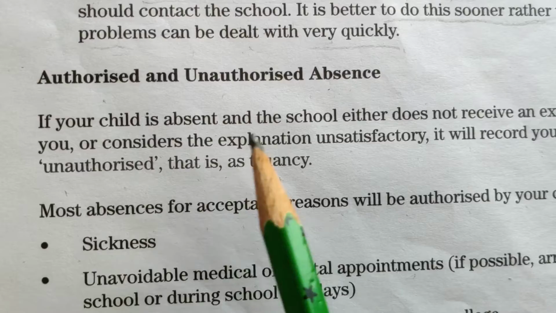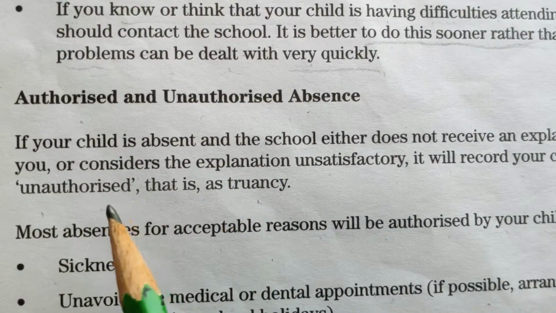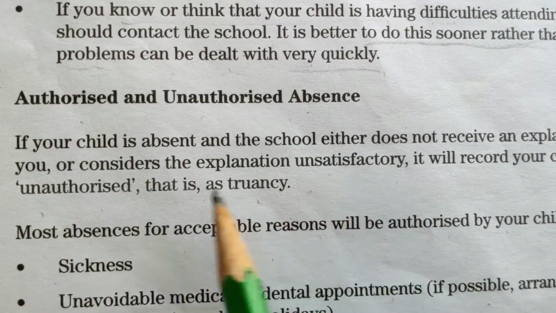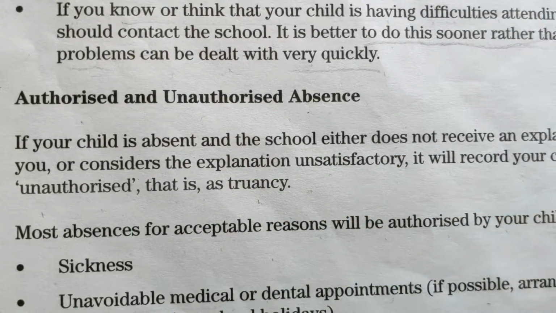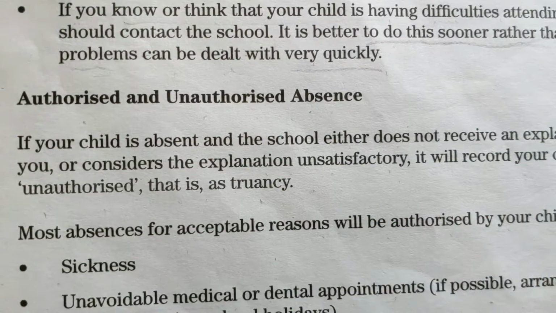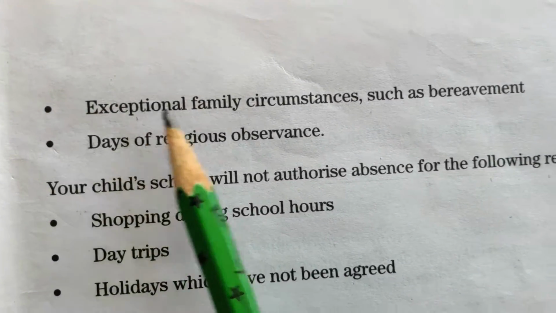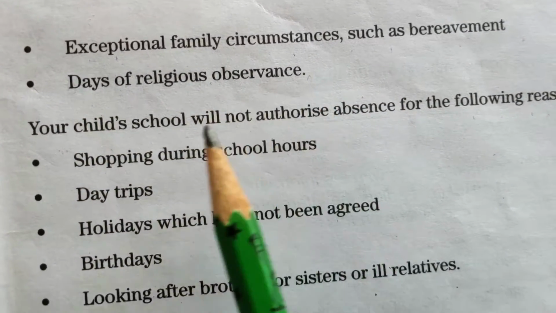Nothing is given about the incident when the staff will contact parents. There is nothing written about it here. If your child is absent, the school either does not receive any explanation from you or considers the explanation unsatisfactory. Okay, let's read the next lines also. Exceptional family circumstances such as bereavement, days of religious observance.